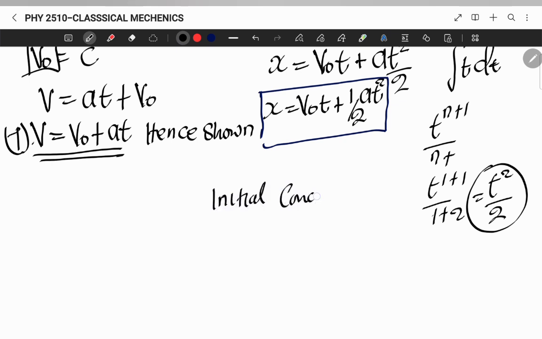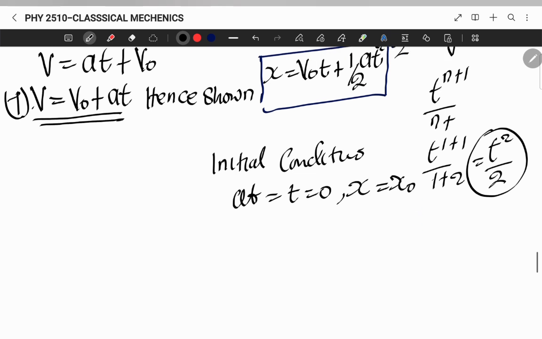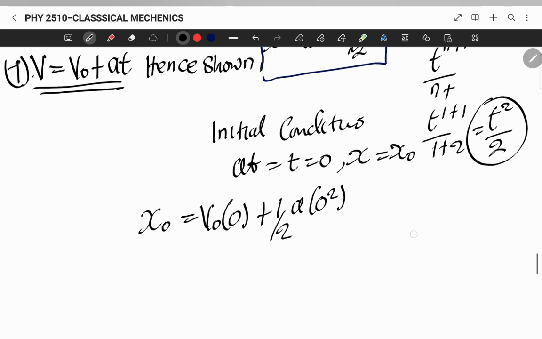Initial conditions. We know that when time is 0, our displacement will be x naught, and v is equal to v naught. So we'll express our equation in terms of initial conditions. x naught is equal to v naught times 0, plus half of the acceleration times 0 squared, plus c.